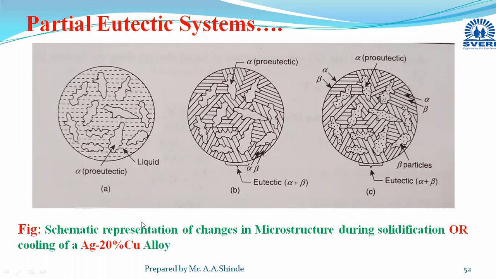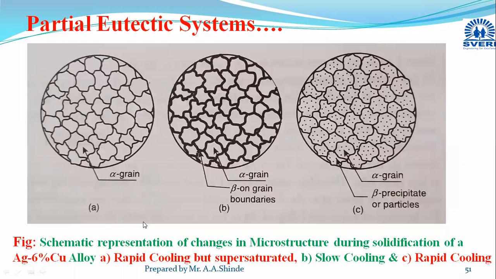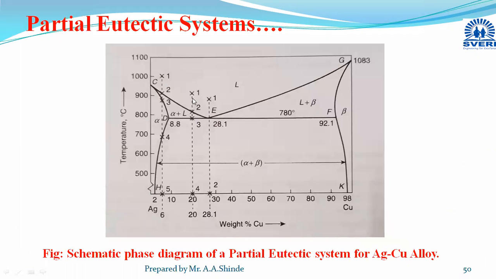So I will again highlight this here. 1 to 2, liquid will be there. 2 to 3, alpha will separate out. This alpha will be termed proeutectic alpha because it separated before this eutectic transformation. In region 2 to 3, proeutectic alpha and liquid will be there.